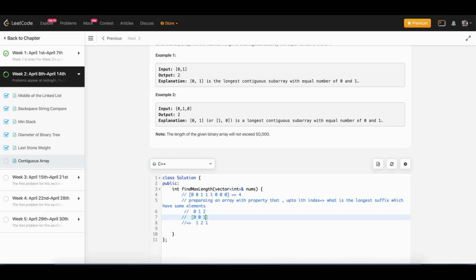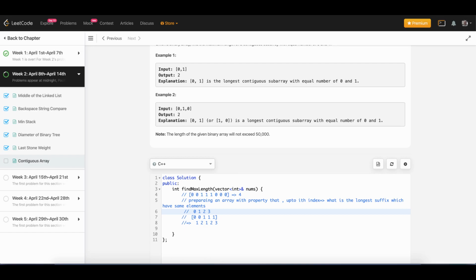For the 3rd index, the longest suffix is of length 2, because 1 and 1 are valid ending at the 3rd position, and the length will be 3 for the 4th position.